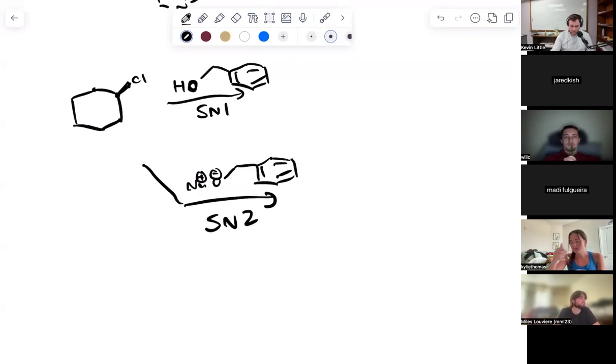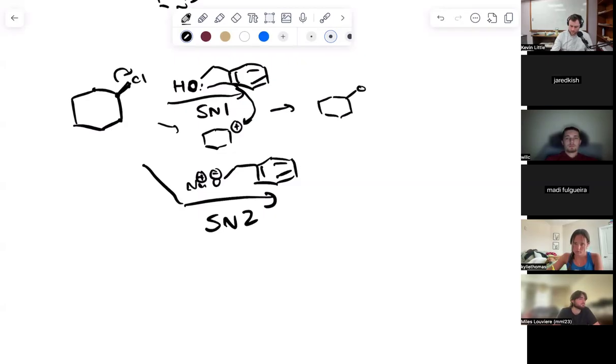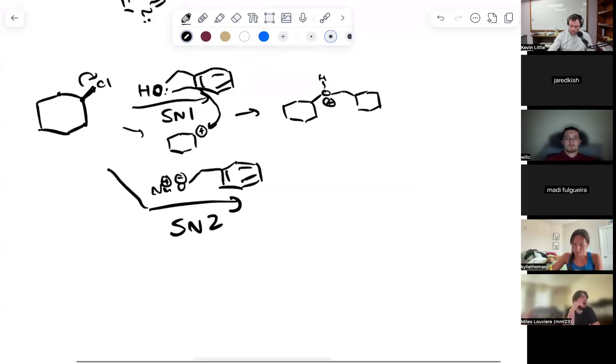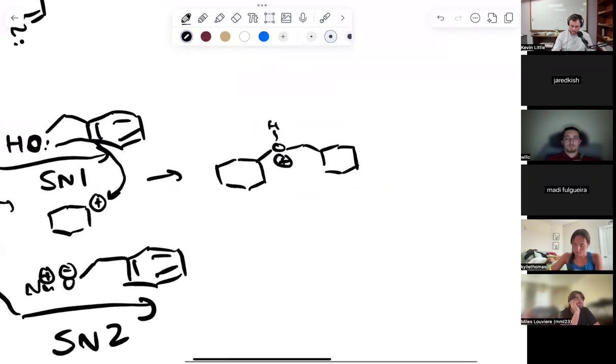So with SN1, I get the formation of this carbocation, which means when this alcohol adds, it can add either direction, right?